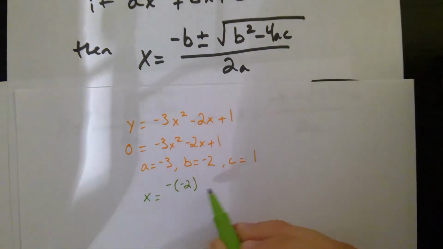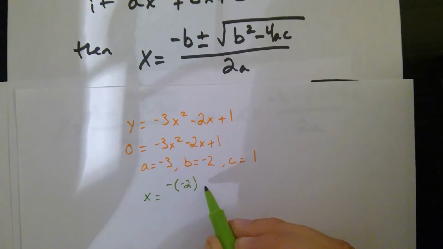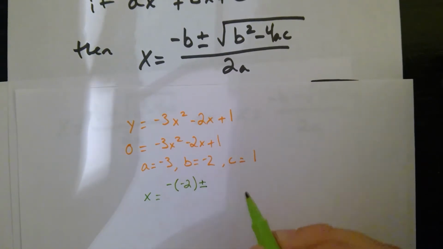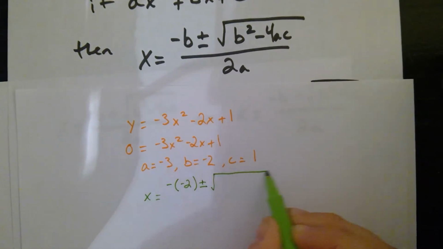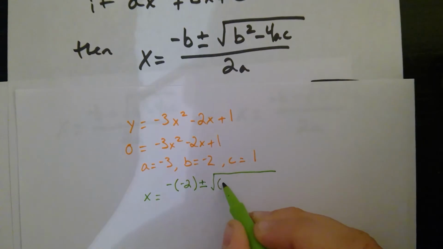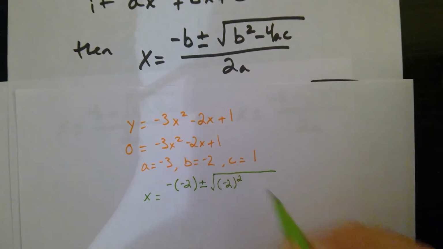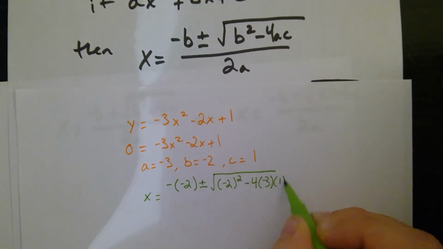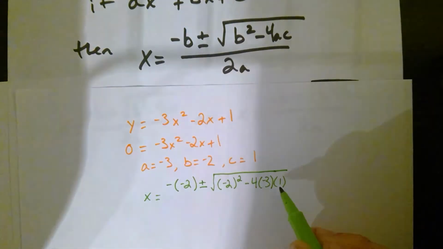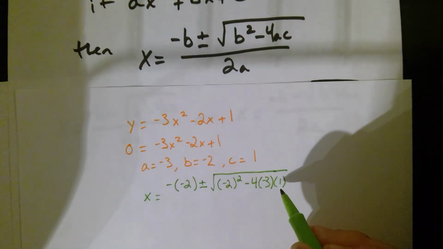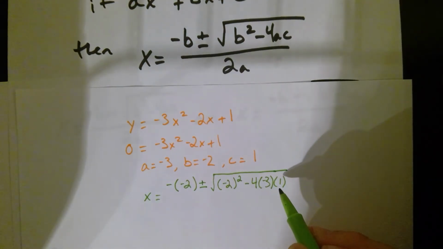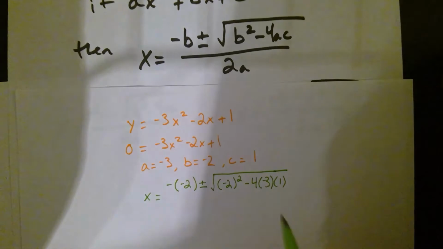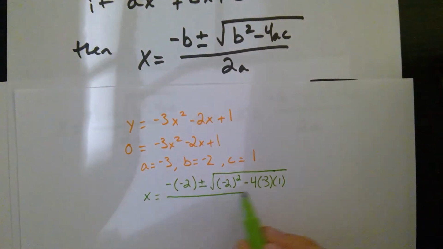Now, we have negative times -2 plus or minus square root b squared, so we put that in parentheses, squared, minus 4 times -3 in parentheses, times 1 in parentheses. Even though it's 1 and we just multiply by 1, I want to see it there, because if it were not 1, I don't want us to make mistakes.